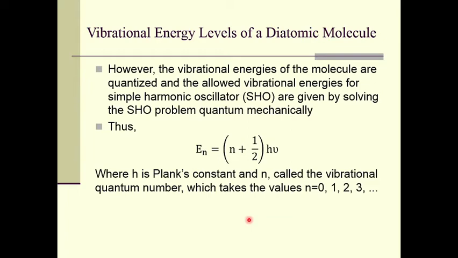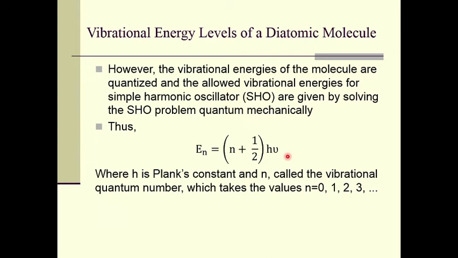So it is a vibrational quantum number. And this h, we know, is Planck's constant, and nu is the frequency of the radiation that is absorbed or emitted by our molecule during the vibrations, right?